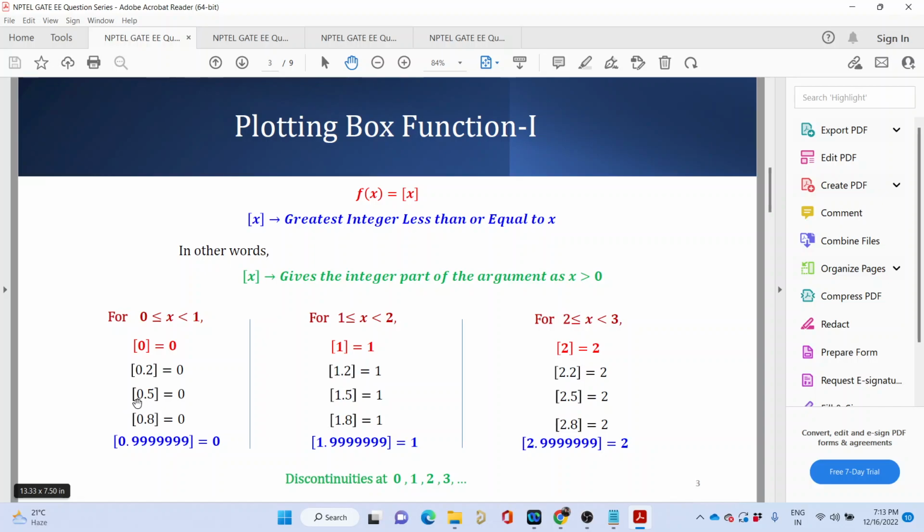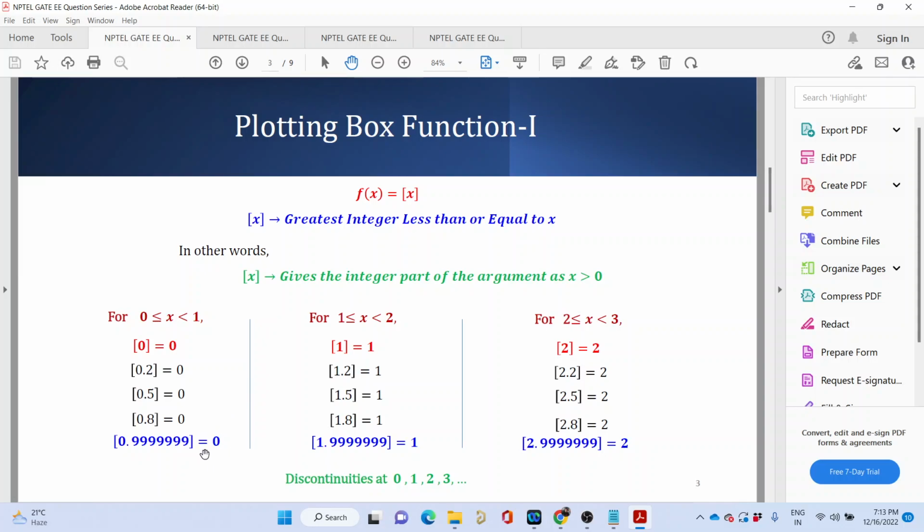Again, for 0.5 there are several integers which are less than 0.5: 0, -1, -2. But which is the greatest integer less than 0.5? That should be 0. Now let us take a point very close to 1, so 0.999, something like this. What would be the output of the function box of x?